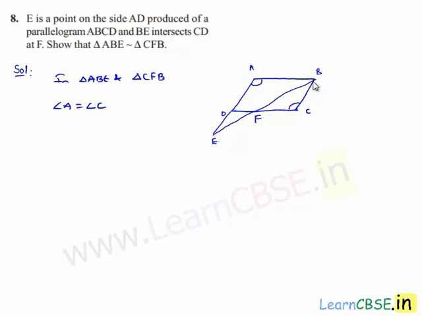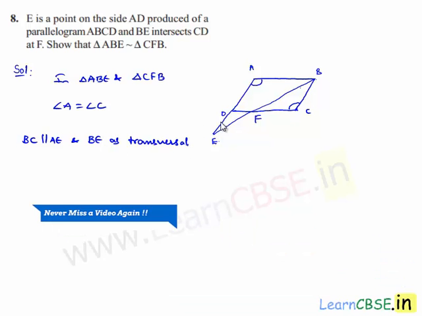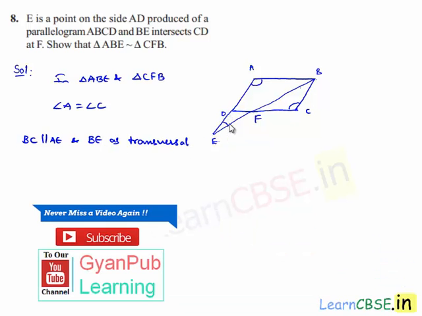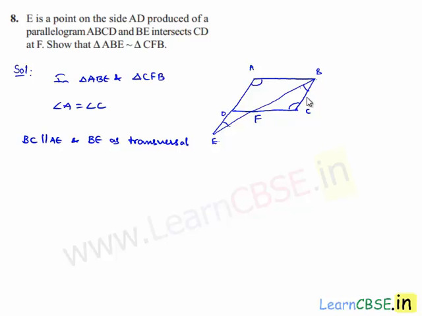And if we consider that BC is parallel to AE and BE as transversal, then angle AEF will be equal to angle CBF, because they are alternate interior angles. That is, angle AEB is equal to angle CBF.